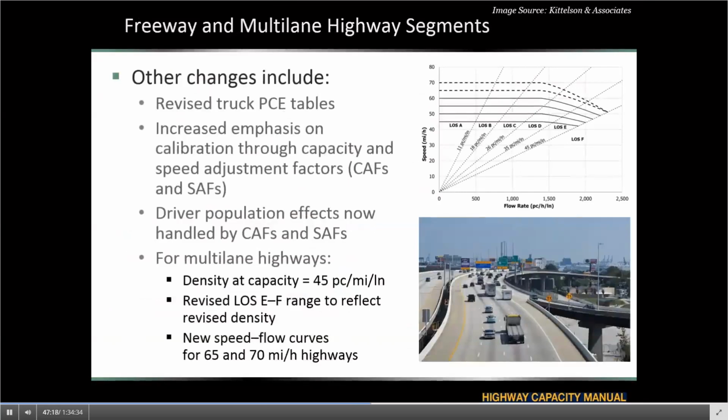Other changes in the freeway multi-lane highways are new truck PCE tables based on the research done in NCFRP 41. I mentioned the increased emphasis on calibration and specific guidance for how to do that.